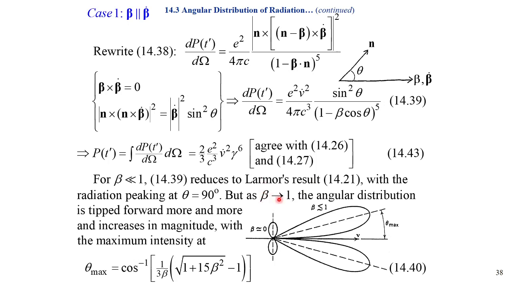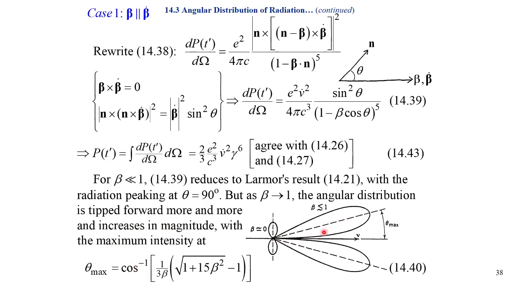However, beta is very close to 1. Angular distribution is tipped forward more and more, just like a cone. Not a cone, but a shell. More and more in magnitude with the maximum intensity at here.